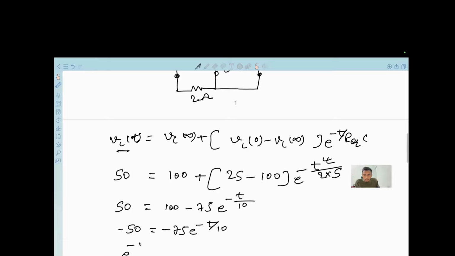From here, if this 100 comes to this side, it will be minus 50 equals minus 75 e to the power minus t by 10. So e to the power minus t by 10 will be equal to 50 by 75. If we take log on both sides, it will be minus t by 10 equal to ln 50 by 75.